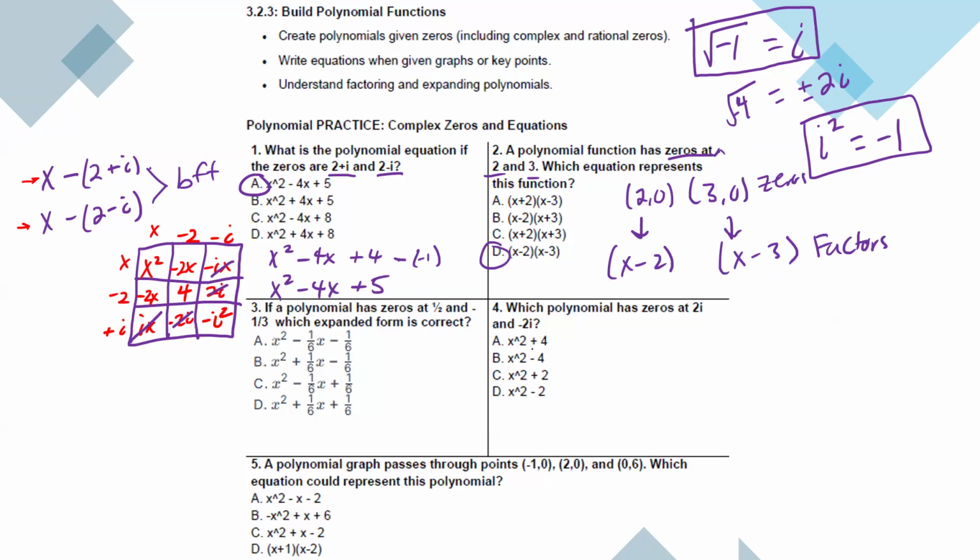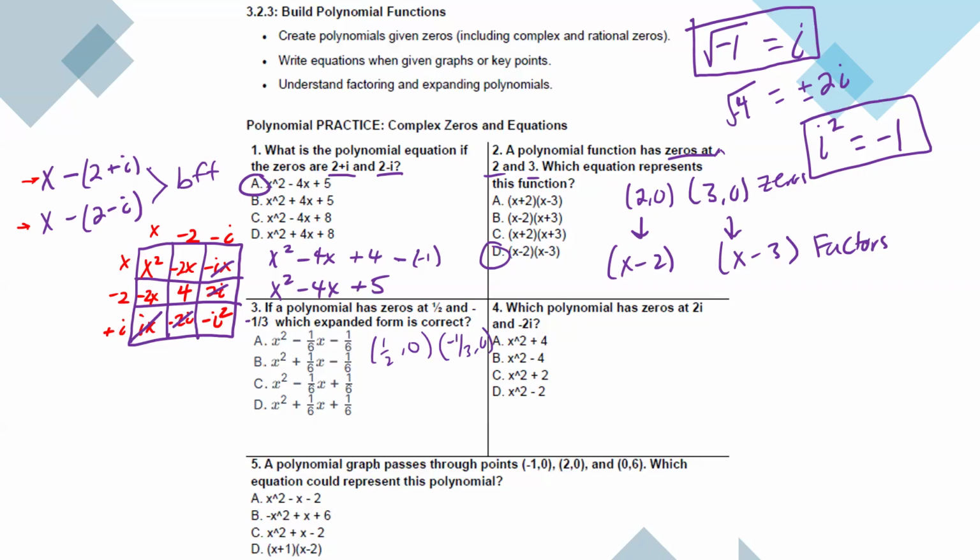All right. This time we'll treat this one as a negative. Do you think it's going to change just because I have fractions? No, fractions are our friends. Okay. We treat all of our friends equally with love. All right. So this is supposed to be a negative 1/3. So we're going to make it a negative 1/3. So our zeros are 1/2 comma 0 and negative 1/3 comma 0.